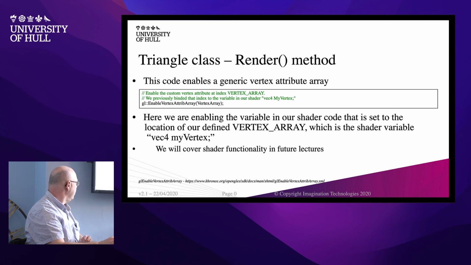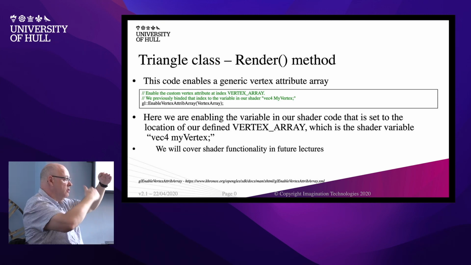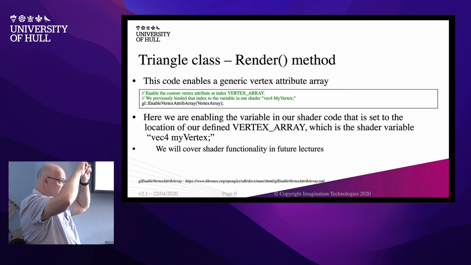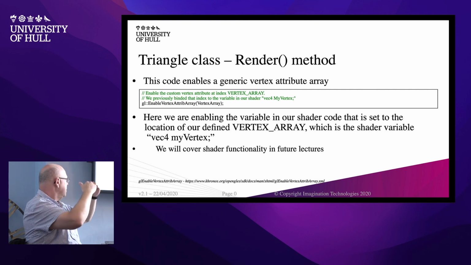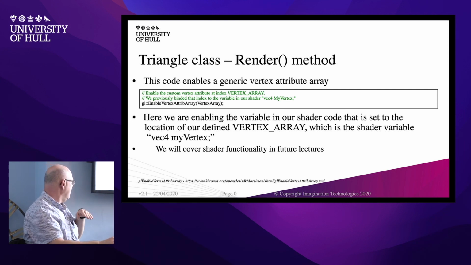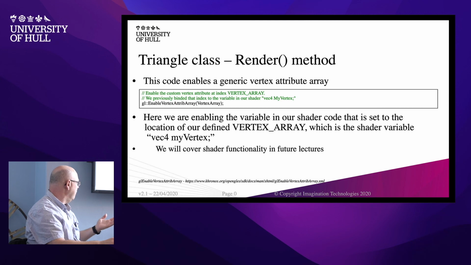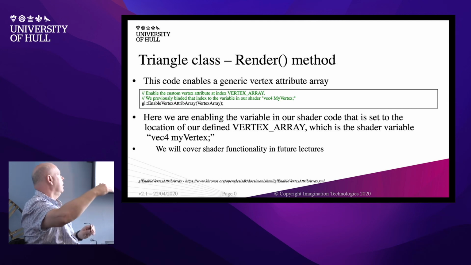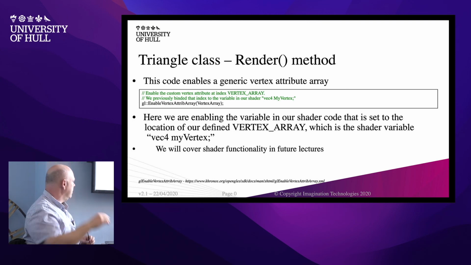So what we're going to do here is say the vertex attribute, which is this thing, is at what position? Because you can have lots of different attributes. In the code, this is just set to 0 because it's the first one. Essentially, you just need to tell the GPU in the shader code where the position of the vertex is going to be. There is only one, so it's going to be index 0. If you had a second one, it would be index 1, and so on. Again, we cover this in the full module.